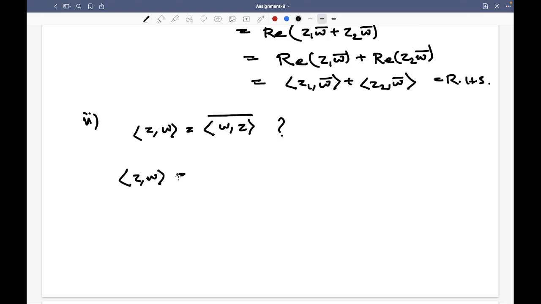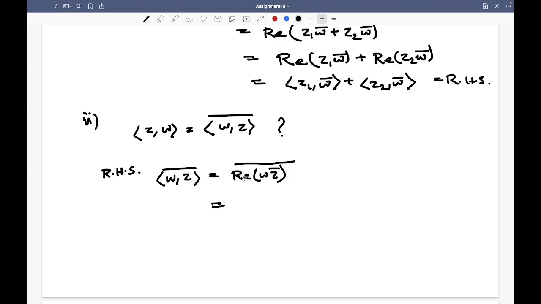Z comma W is the real part of Z W bar. Let's start from the right hand side, it will be easier then. The RHS is the real part of W Z bar.